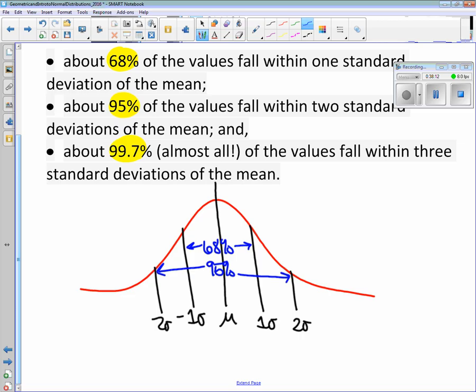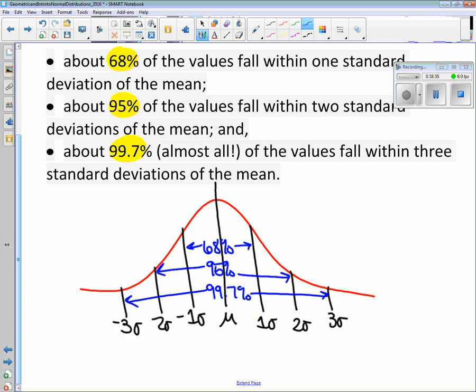And if I go all the way out to 3 standard deviations, whether I add them or I subtract them, now I have 99.7% of the data. Almost all of it.